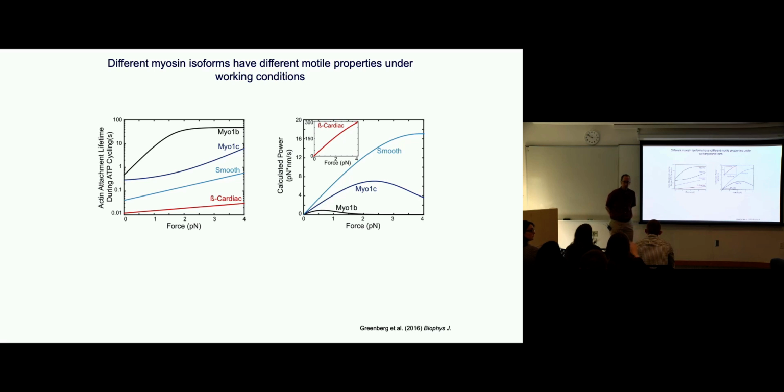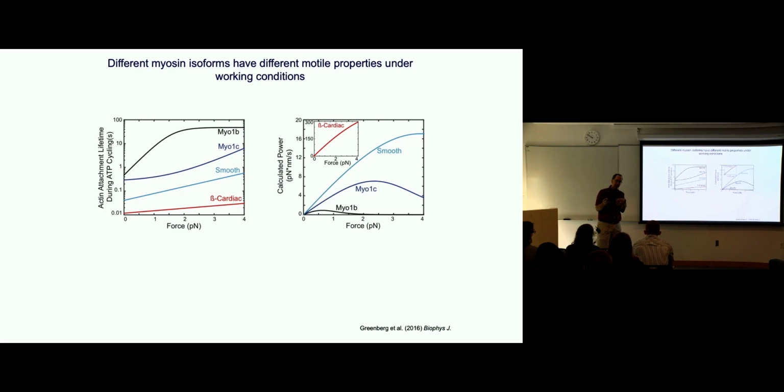Yes? You mentioned that when the actin is under tension, it increases the attachment time. So that's effectively decreasing the actual power of the motor. So the question is, as you put mechanical load on a myosin and you slow it down, you're decreasing the amount of power, right?